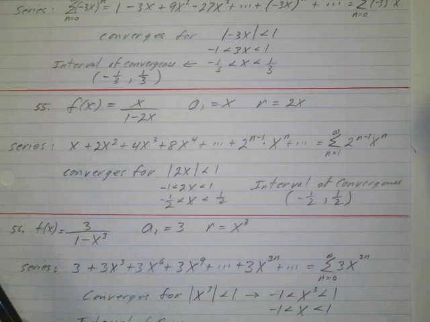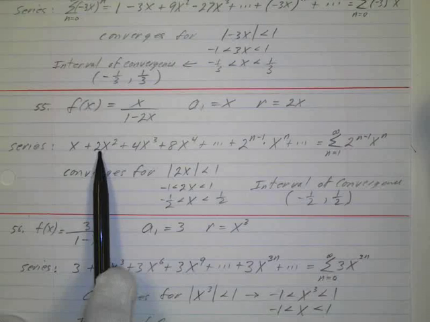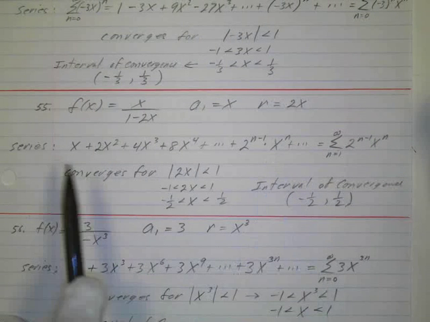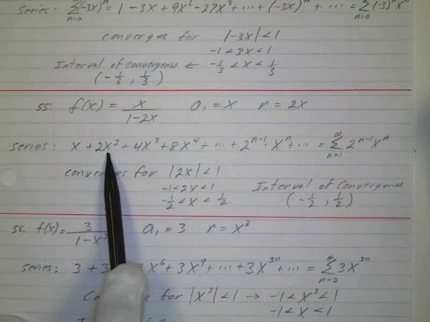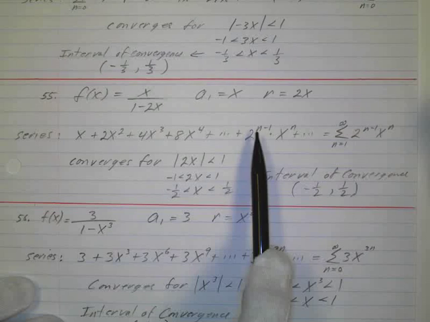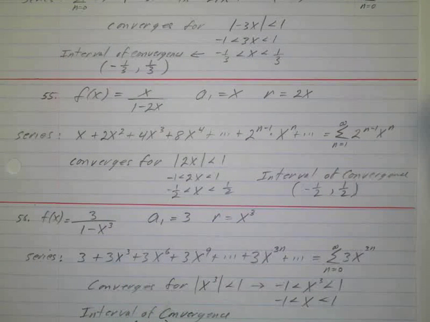You can see that n is 1 for the first term, because we're going to have an x as the first value. Then if n is 1, this is 2 to the 0. This is going to be 1, 2, 4, 8. This ends up being 2 to the n minus 1, so I should probably write the n's in there so you can see that a little bit easier.